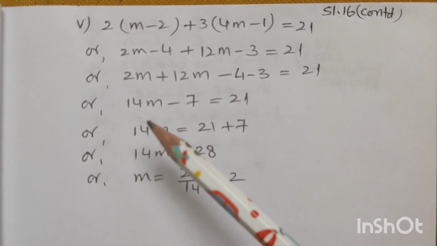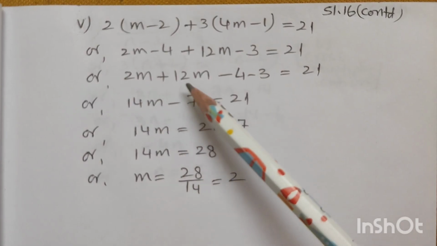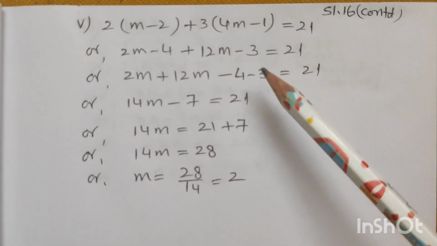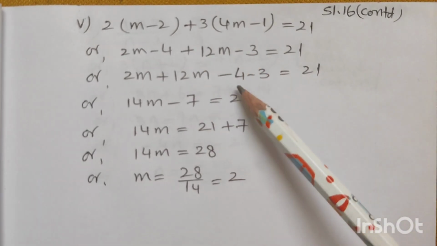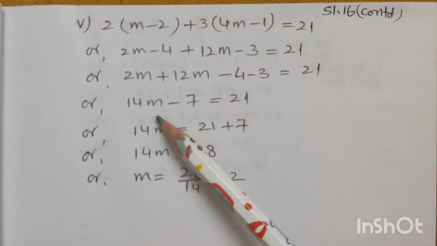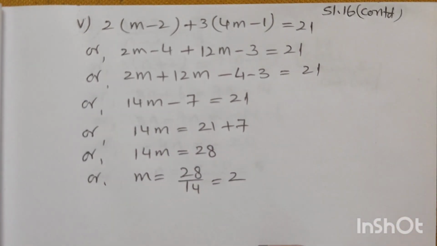Then we have brought like terms. 2m and 12m are like terms because the literals are the same and the numbers are placed together. By simplifying we get this, and then as we have seen before, we can get the value m equals 2.